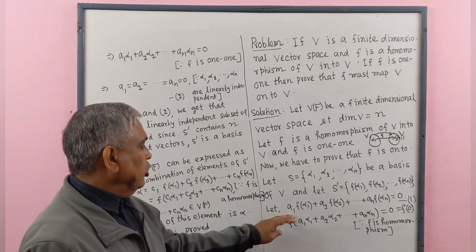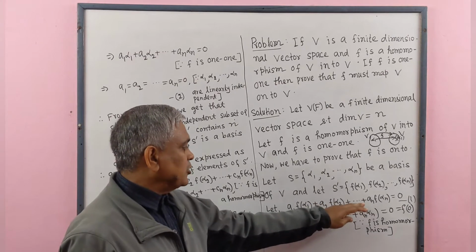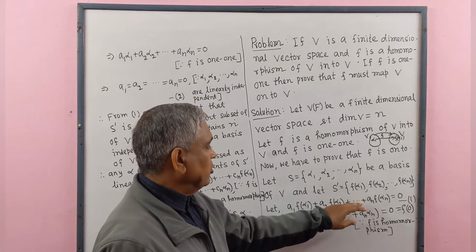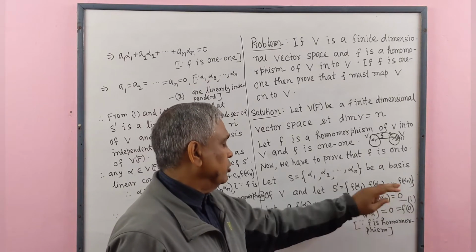Let A1 F alpha 1 plus A2 F alpha 2 plus dot dot plus An F alpha n equal to 0.